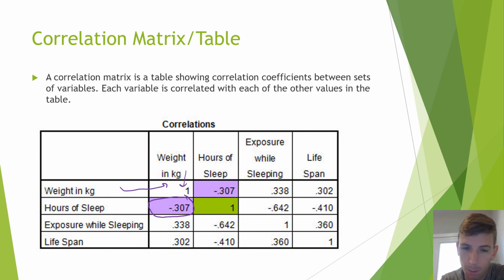So those two variables have a moderate or weak negative correlation. Over here, hours of sleep and exposure while sleeping have a little bit more moderate negative correlation. Lifespan and exposure while sleeping, weak positive correlation. So it's just a way to display it when you have multiple variables.